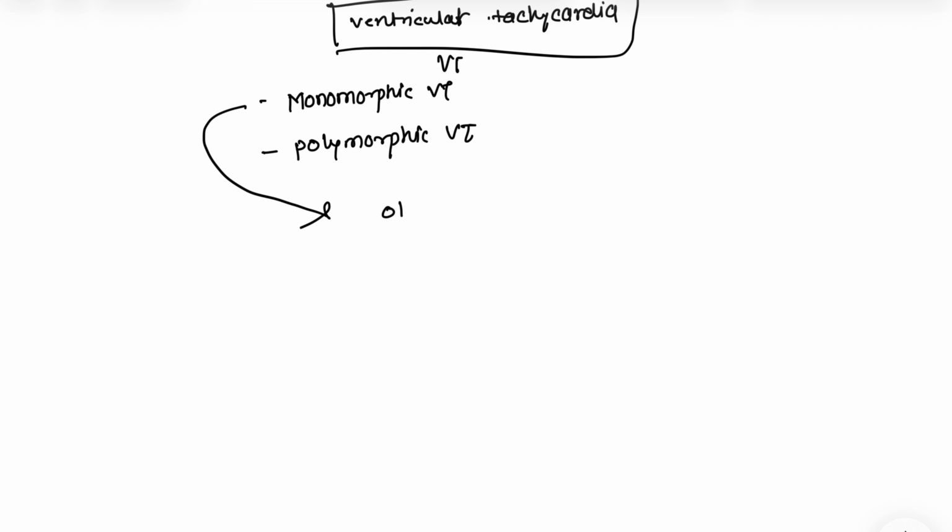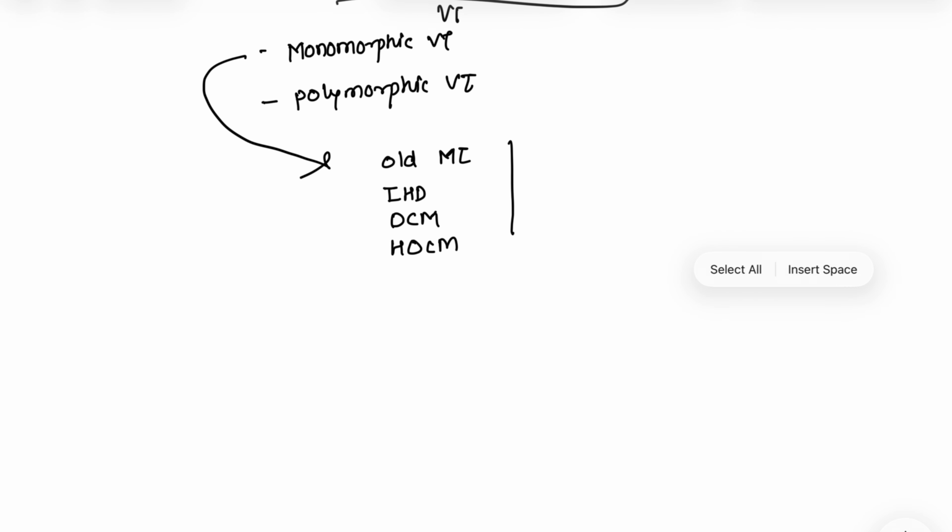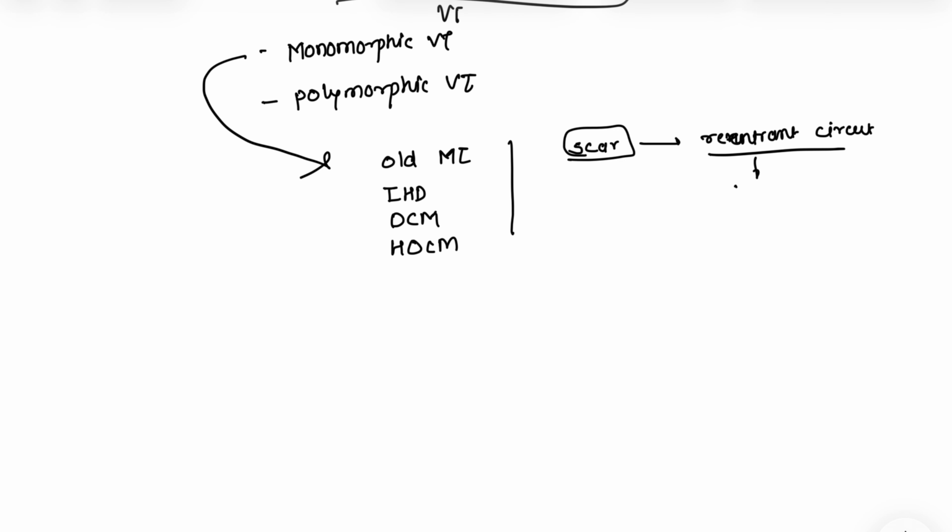The first one is old MI, right? Then ischemic heart disease, then dilated cardiomyopathy, then hypertrophic obstructive cardiomyopathy. What happens in these conditions is that the ventricle gets a scar, and this scar will behave as a re-entrant circuit, which will create the impulse, and we will get the VT.